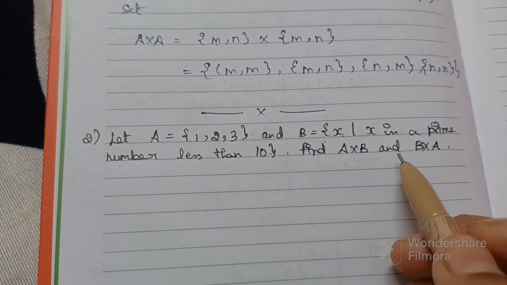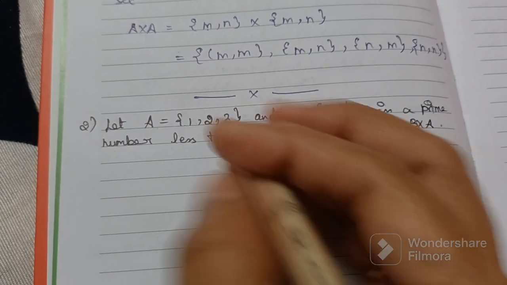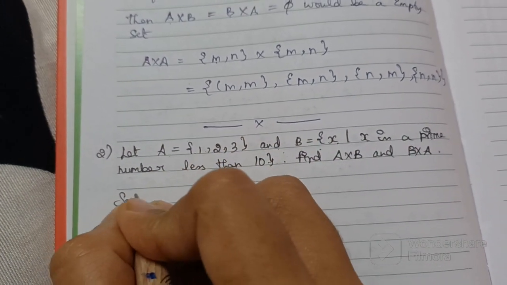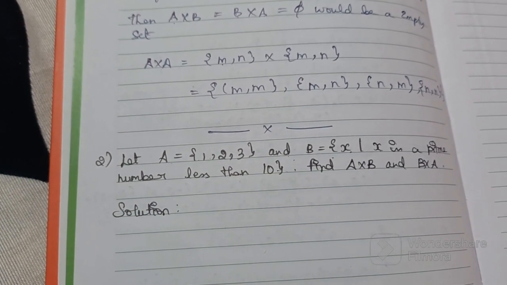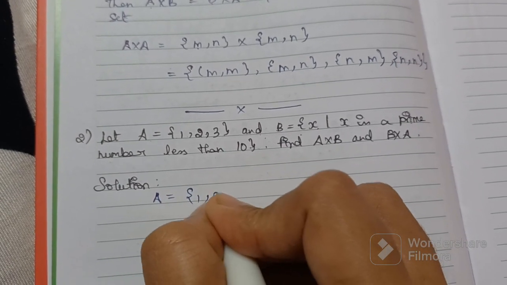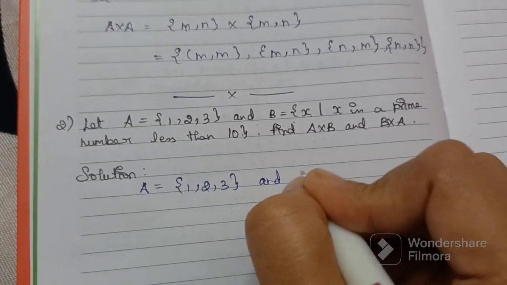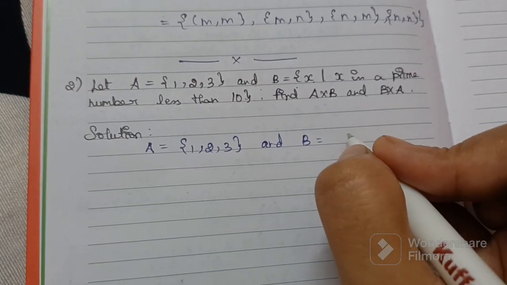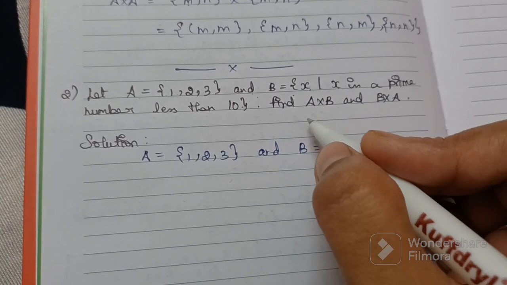Find A cross B and B cross A. Let's move on to the solution part. Here the A set has 1, 2, 3 and B has x, where x is a prime number less than 10.